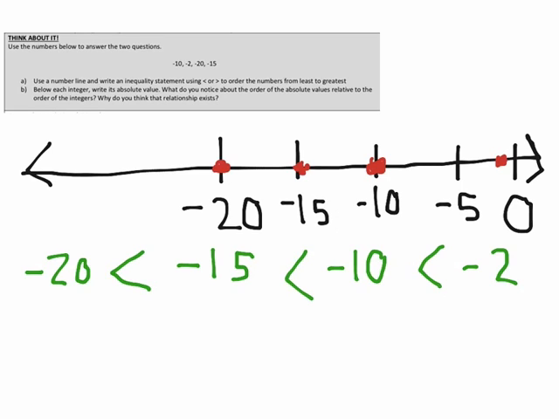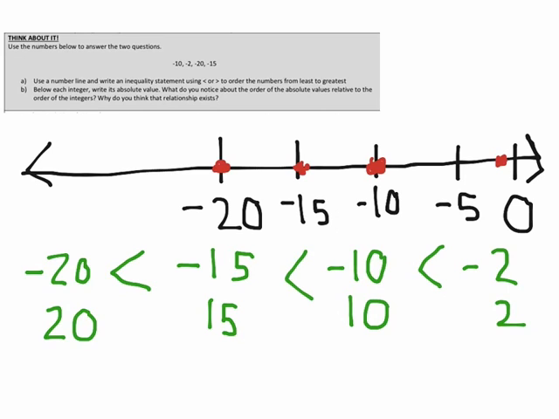Welcome back. So in class we talked about how our absolute values of these numbers are 20, 15, 10, and 2. The question says, what do you notice about the order of the absolute values relative to the order of the integers? Why do you think that relationship exists?